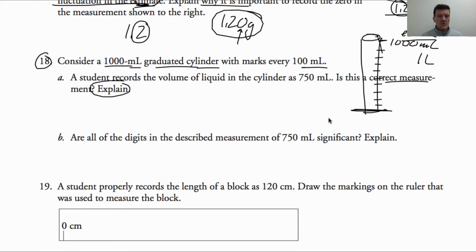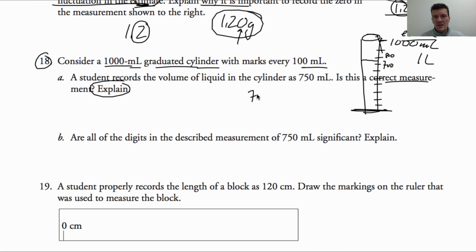Explain. Well, if you are measuring every 100, then you're allowed to estimate in between 100 and 200. So, in this case, let's say, for example, you went all the way up to 100, 200, 300, 400, 500, 600, 700, and there's 800, and you think that it's in between those.